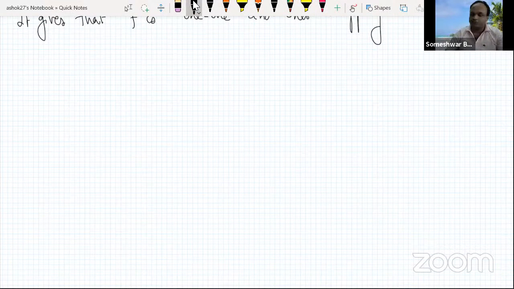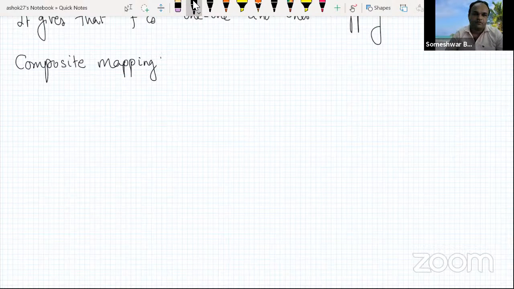So first, what is the definition of composite mapping? Already this part we have seen in MAT-502. Just to revise it. So what is composite mapping?